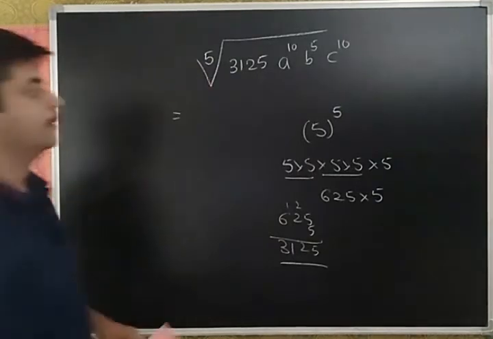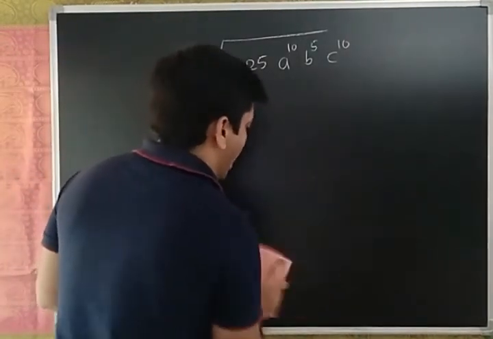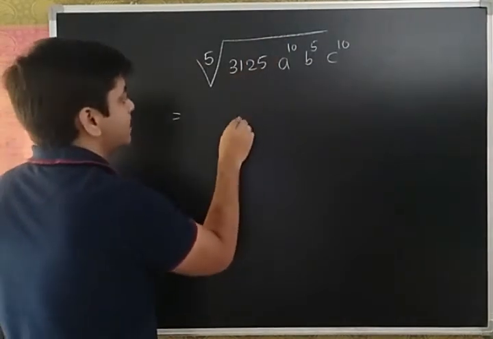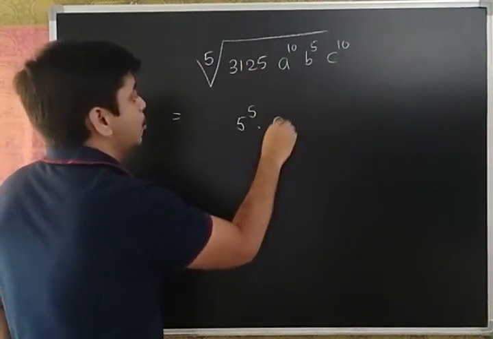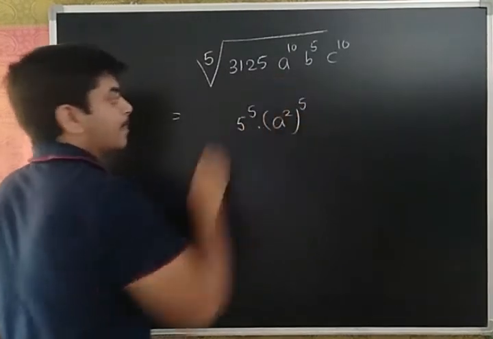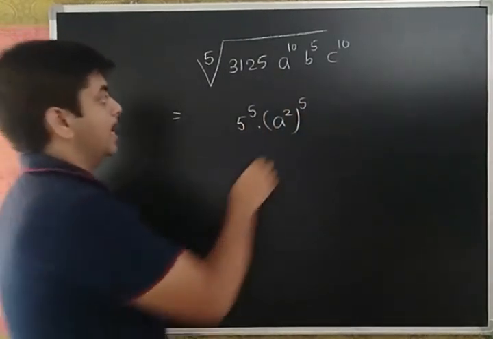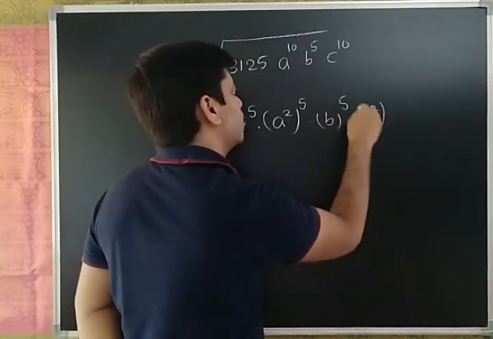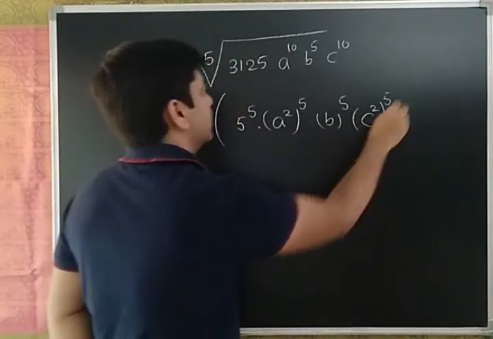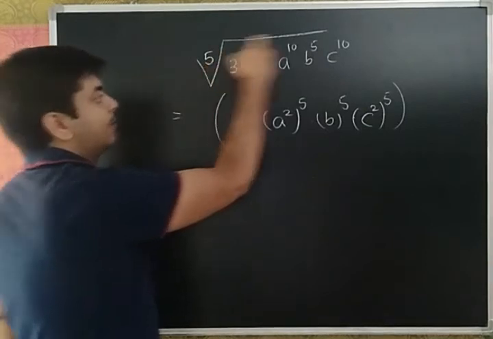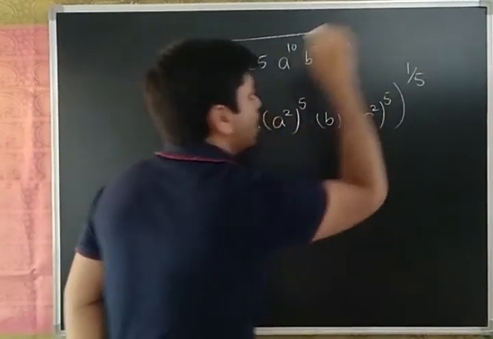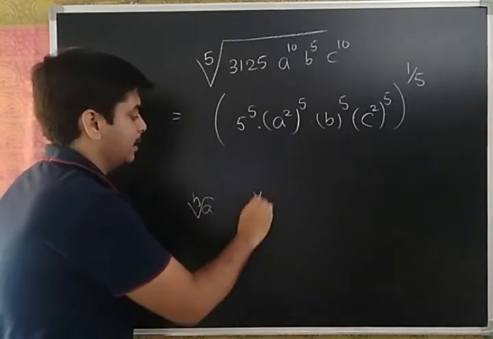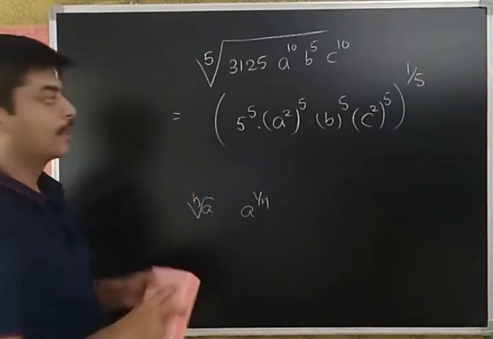So what I will do is write everything in terms of power 5. 3125 is 5 power 5, into a square power 5, that is a power 10, into b power 5, and this is c square whole power 5, all raised to power 1 by 5. Nth root of a is equal to a power 1 by n.